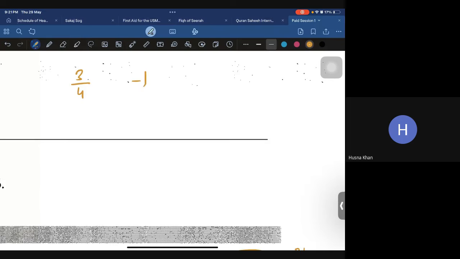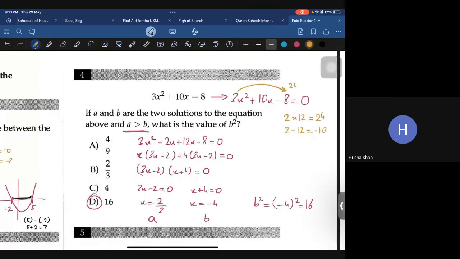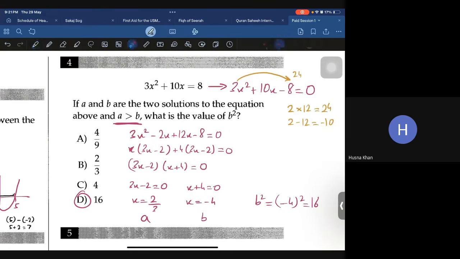The 3/4, right. They've said that the two solutions are A and B, and A is greater than B. So which of these solutions will be A and which will be B? Okay, so -4 will be B, so we square that.